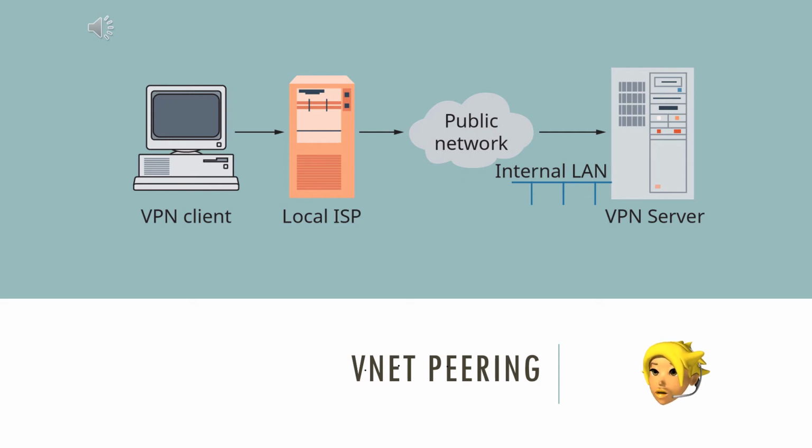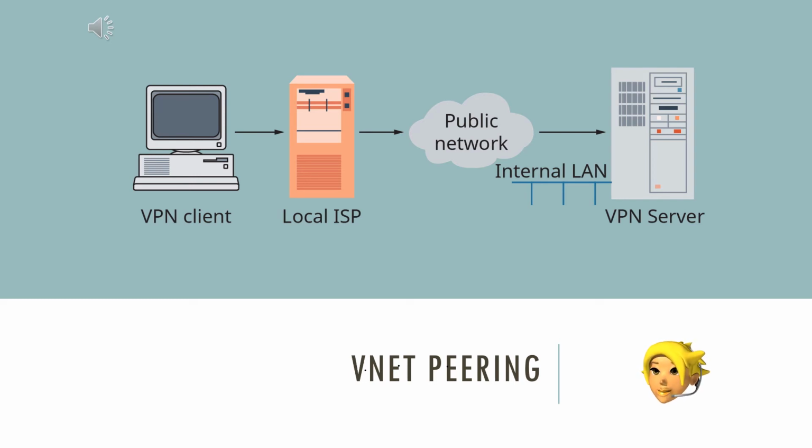Now, coming to the topic, what is VNet peering? What we have already seen: the connectivity, service chaining, gateway and on-premise connectivity will be there. So how does it work?